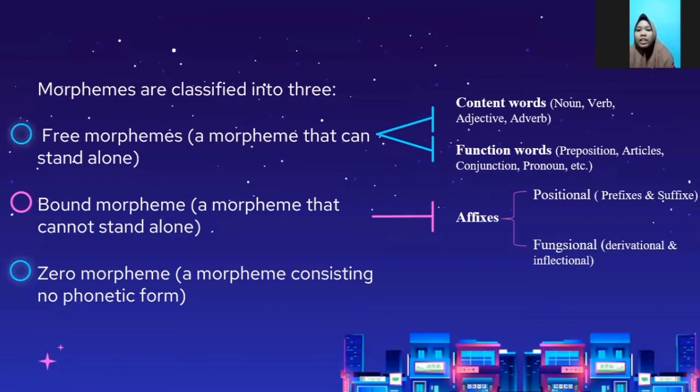The last one is zero morpheme. A zero morpheme is a morpheme consisting of no phonetic form.